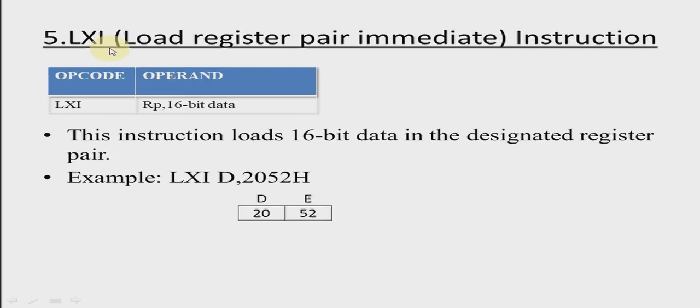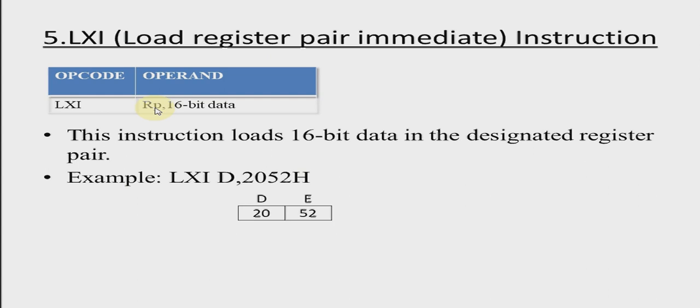The next instruction is LXI, load register pair immediate. This instruction has a register pair as well as 16-bit data as operands. This instruction loads 16-bit data into the designated register pair. We have seen in the earlier slides that a register pair could be BC, DE and HL, and the stack pointer also.